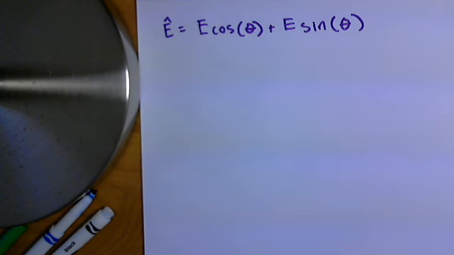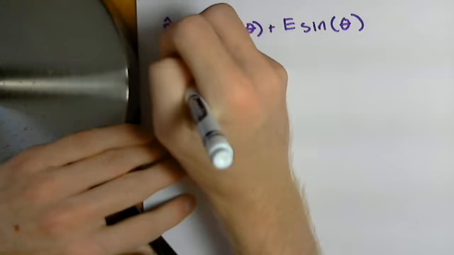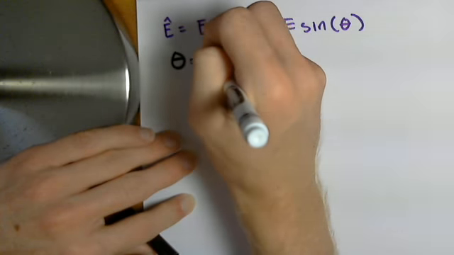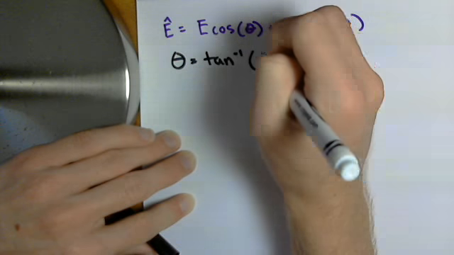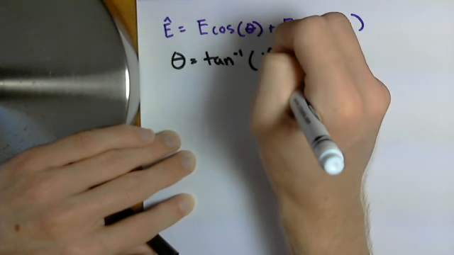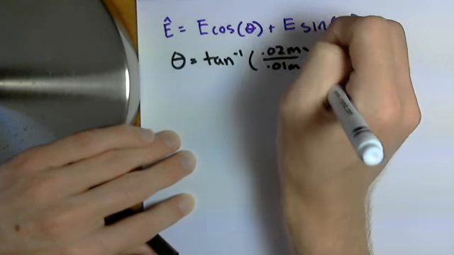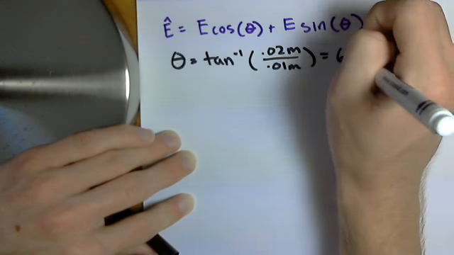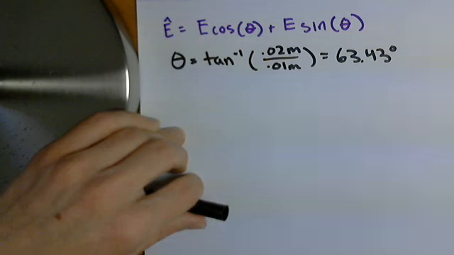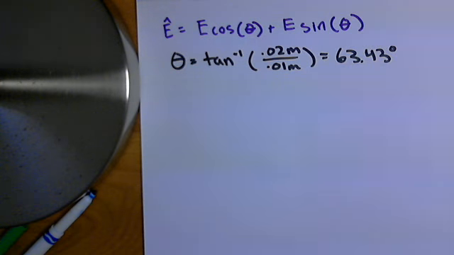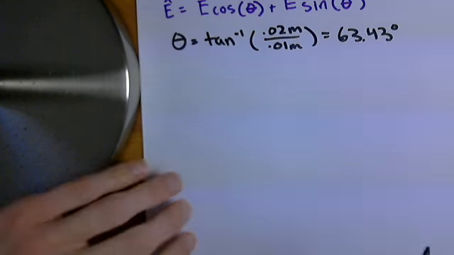So now we have to find theta, which is equal to the inverse tangent of 0.02 meters over 0.01 meters, and this will equal 63.43 degrees.